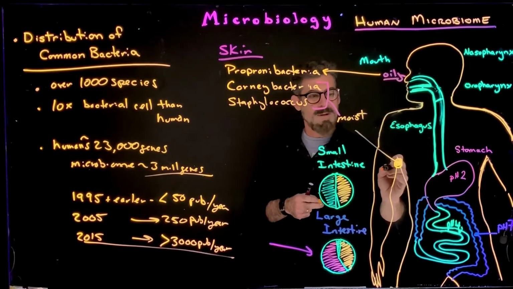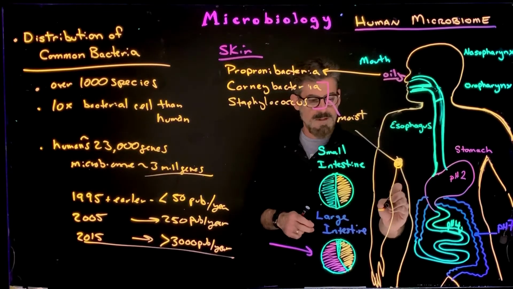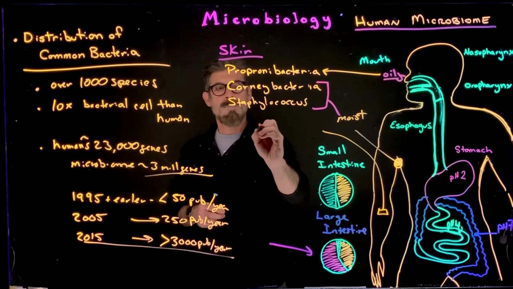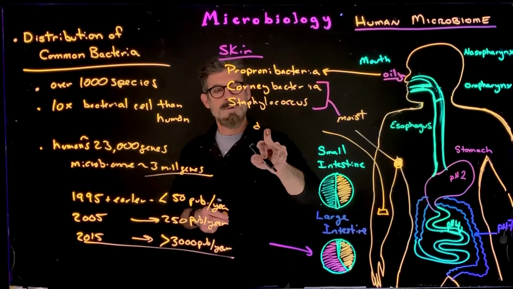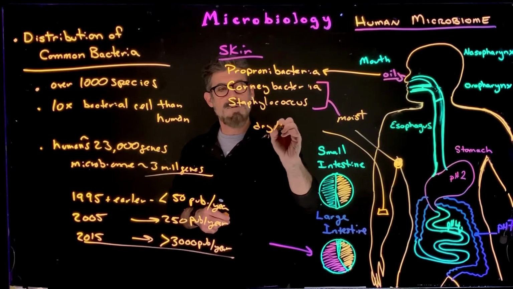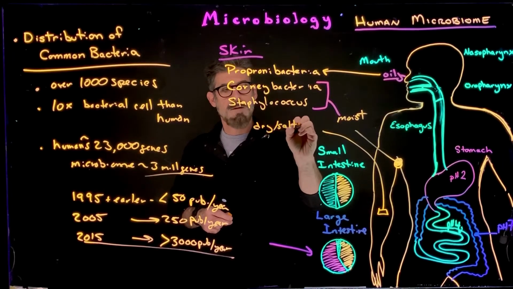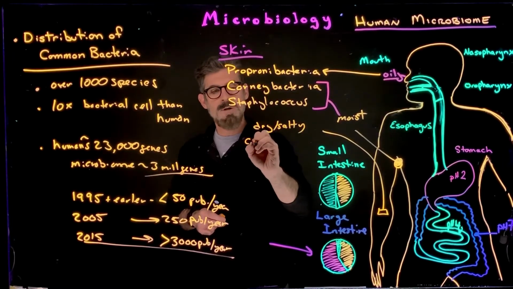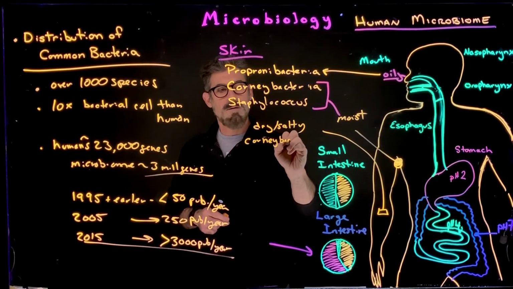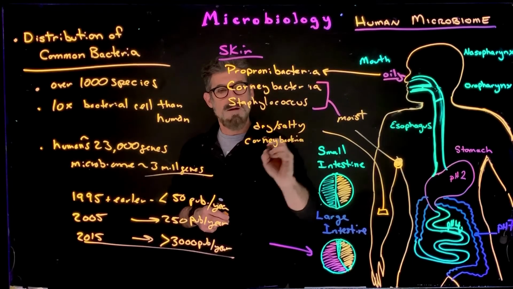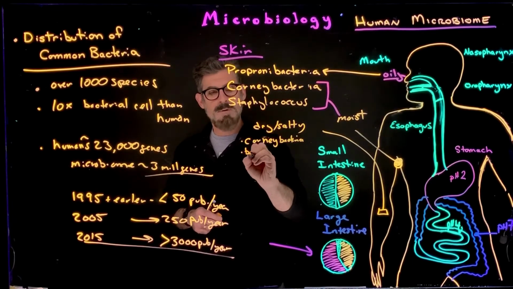You're also going to have patches of skin, like on your arms, that are mostly dry, and maybe salty. Here we're going to see more Corynebacteria and some of the beta proteobacteria.